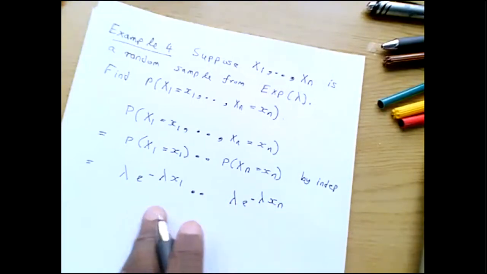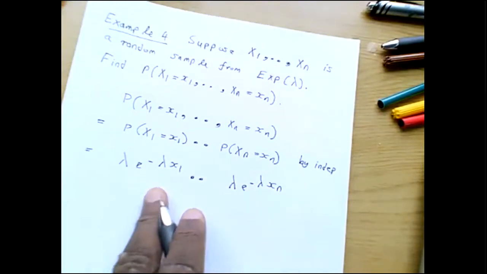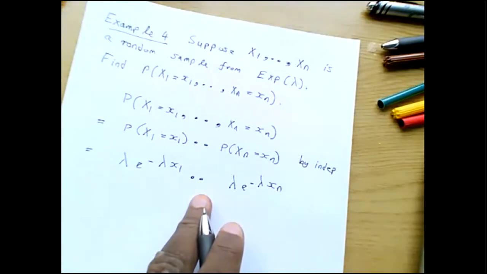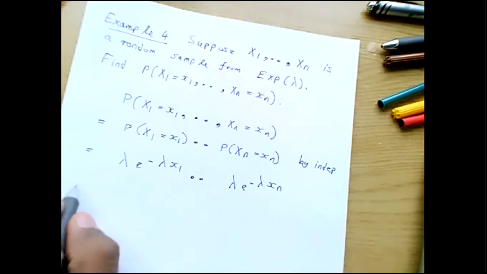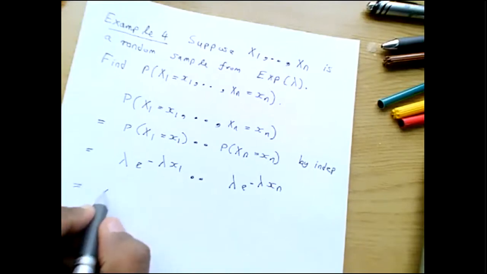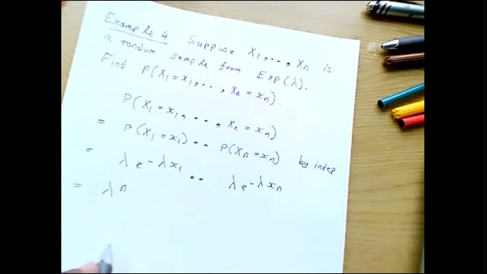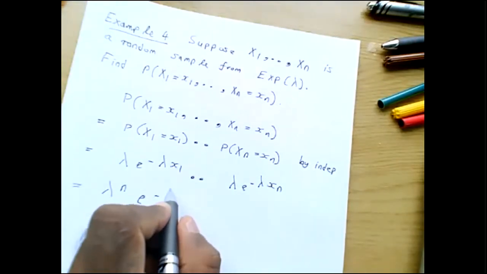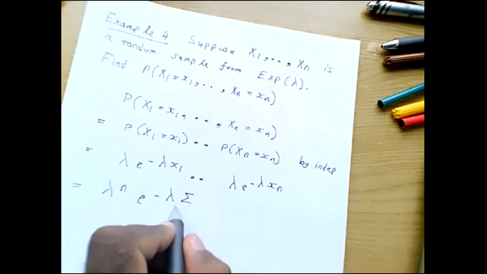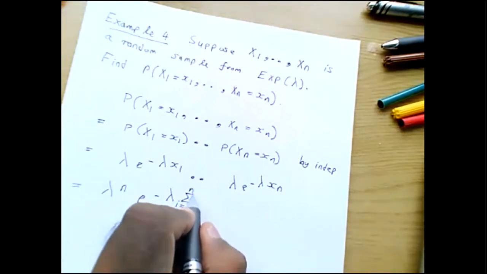I'm sure you might have covered this distribution in probability 1, but if not, we will talk about it later. So this becomes lambda power n, since all the lambdas add up, and all the exponential terms add up to e power minus lambda times the sum from 1 to n of xi.